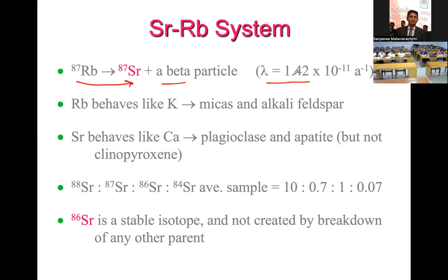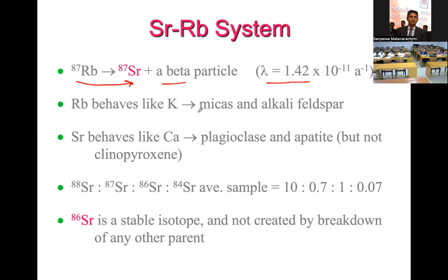One important thing regarding the periodic table that we were talking about some time ago, right? We have compatible and incompatible elements in the periodic table. Compatible elements means those which prefer the solid phases, and incompatible elements means those which prefer the liquid phases. So minerals, being solids, always try to attract compatible elements.